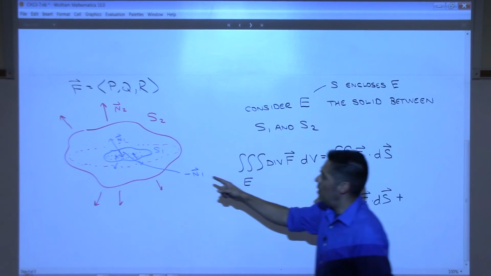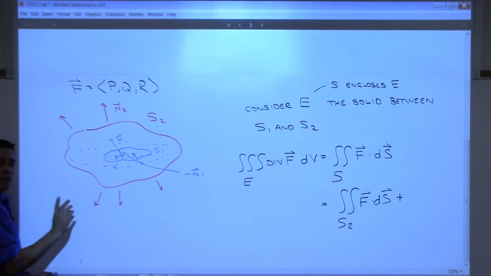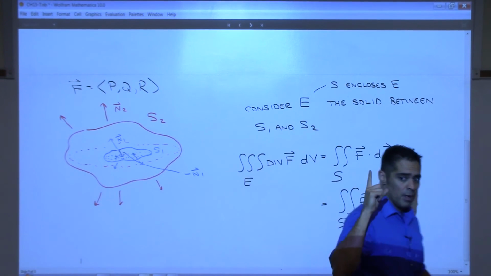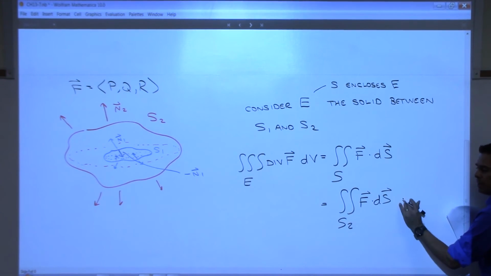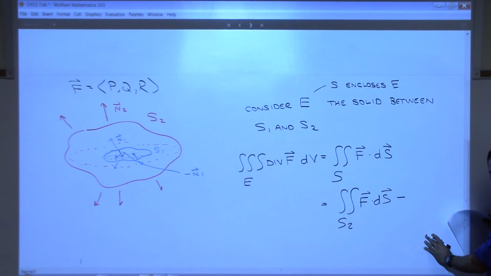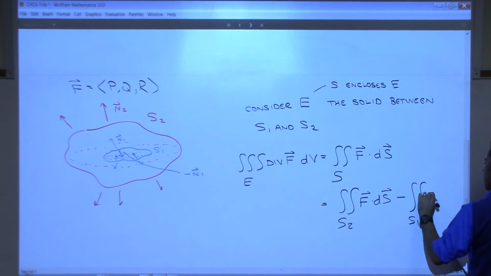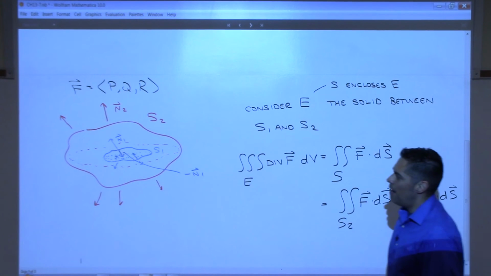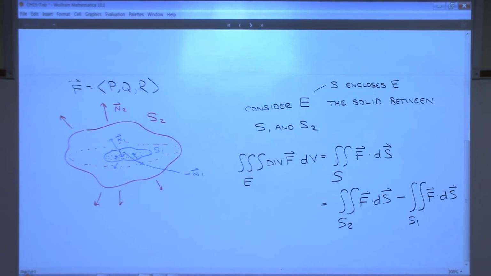Do the normals of S1 point away from the bread? No. So I need them to if I'm going to orient it properly. So instead of S1 normals pointed towards the bread, I'm going to reverse them. When I reverse the direction, it changes the sign of the integral from plus to negative, and now it's minus the surface integral over S1 of F dot dS. Does that make sense to you? Okay. If we have a solid that is between two surfaces, then that formula should hold, right?